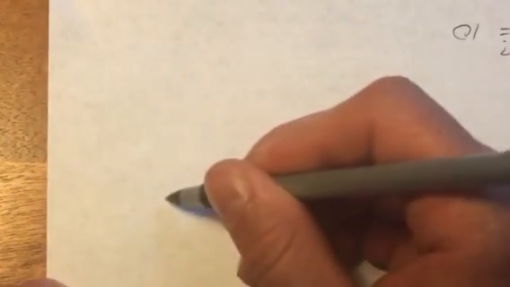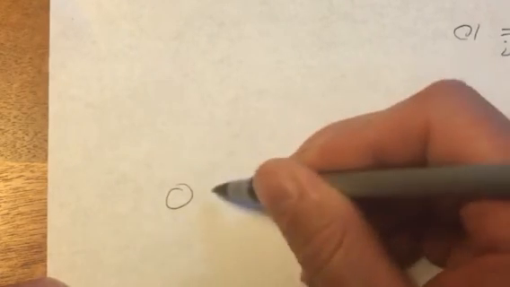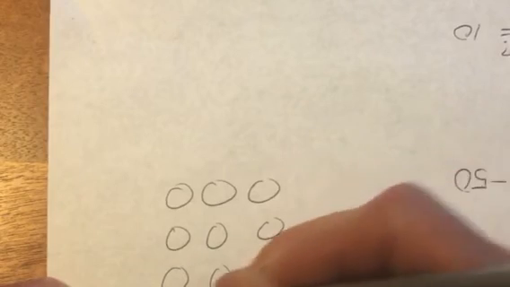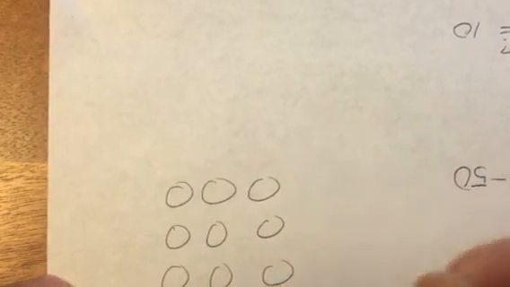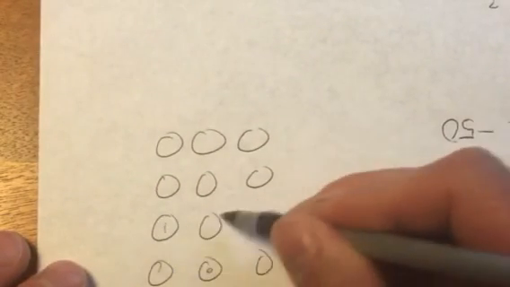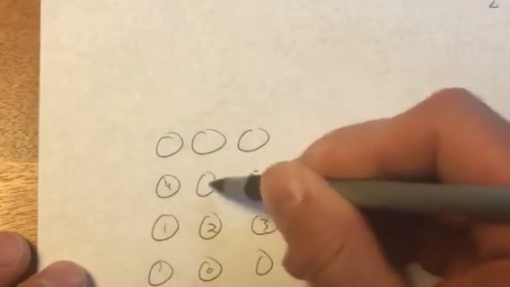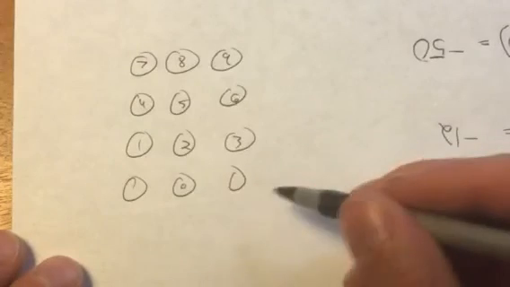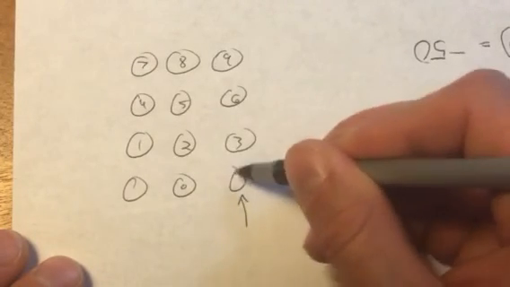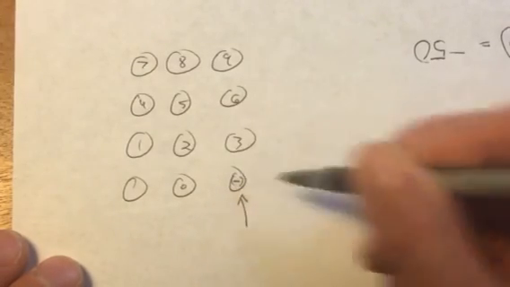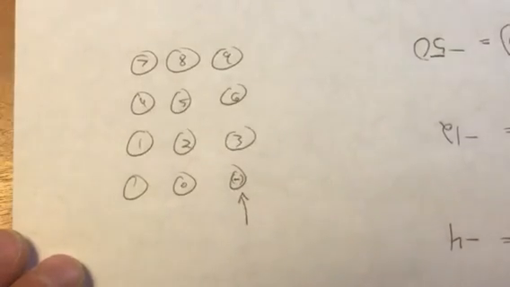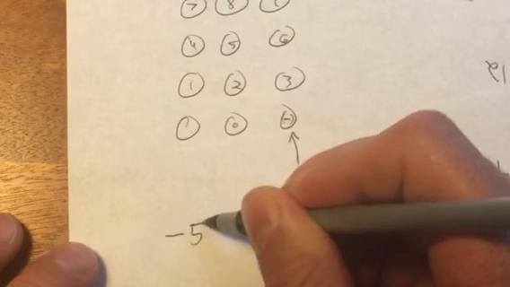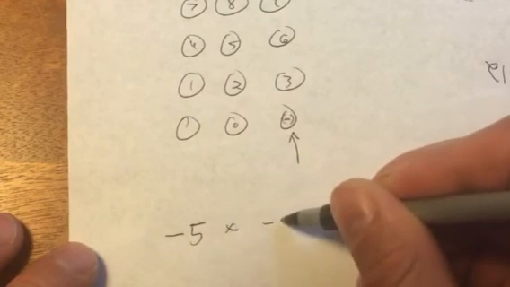If you look at a calculator, there are the number buttons, 0, and 1, 2, 3, 4, 5, 6, 7, 8, 9. This button right here should have a little negative symbol. And then what I want you to do is type in negative 5 times negative 2.